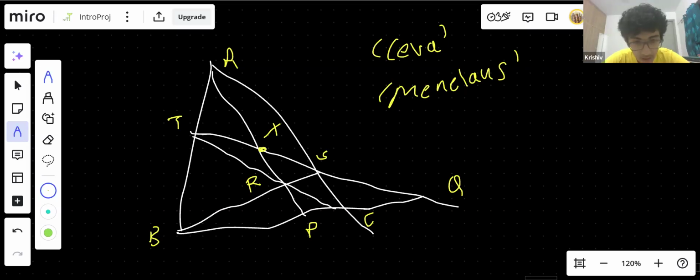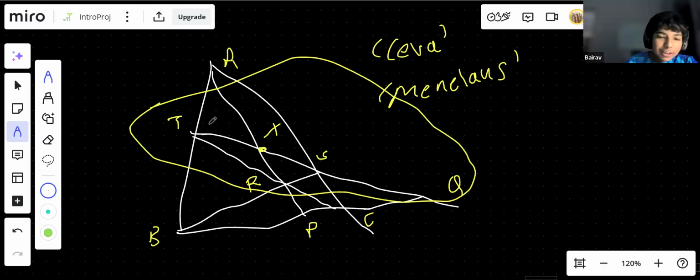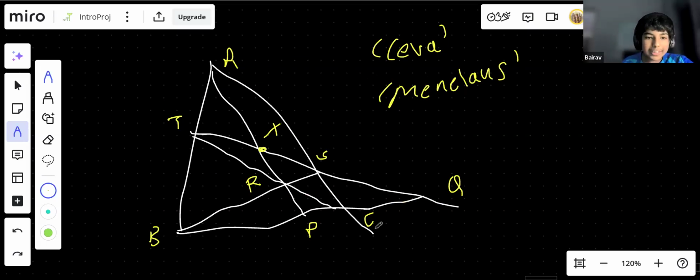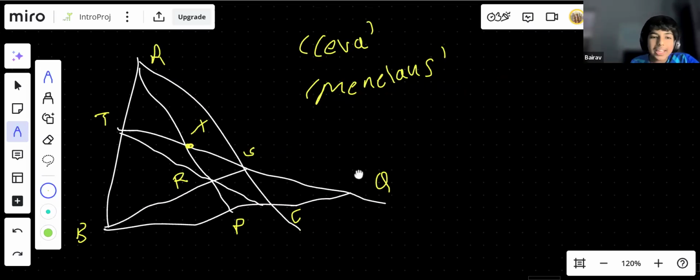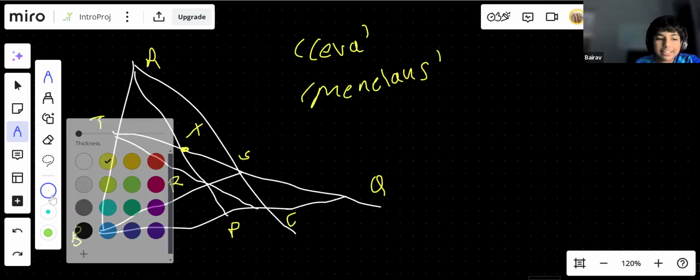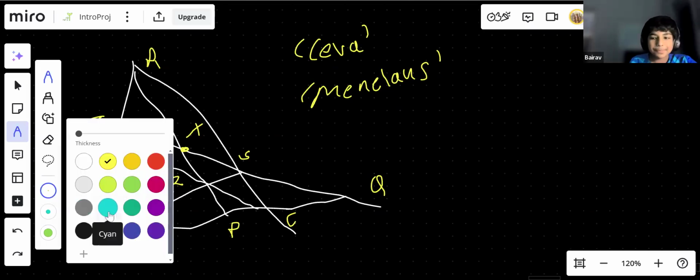Why is this harmonic? Because if we draw a line from A to Q, then they're on the same lines, just intersecting with different lines. And by the same argument, we get that A, X, and R, P are also harmonic.